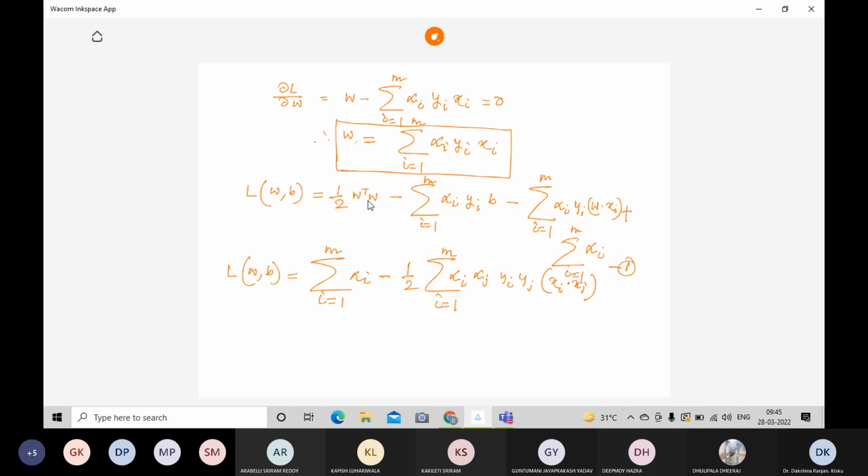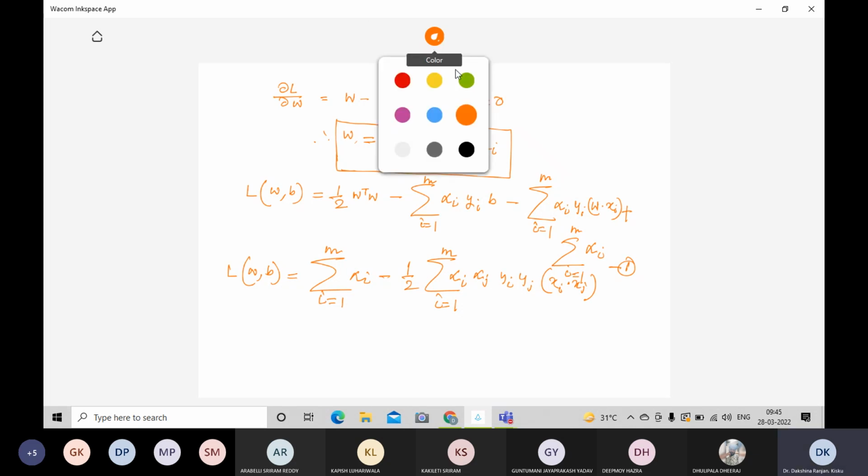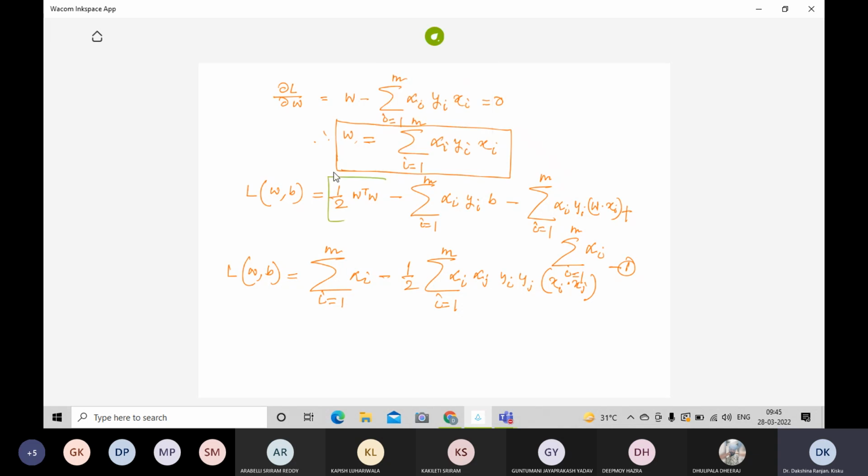Okay, so if we consider this, let me mark so that you will understand. If you consider this, half of w transpose w, in this term, if you put the value of w which has been determined in the earlier derivation, then you can have this alpha i alpha j yi yj and xi xj. Okay.